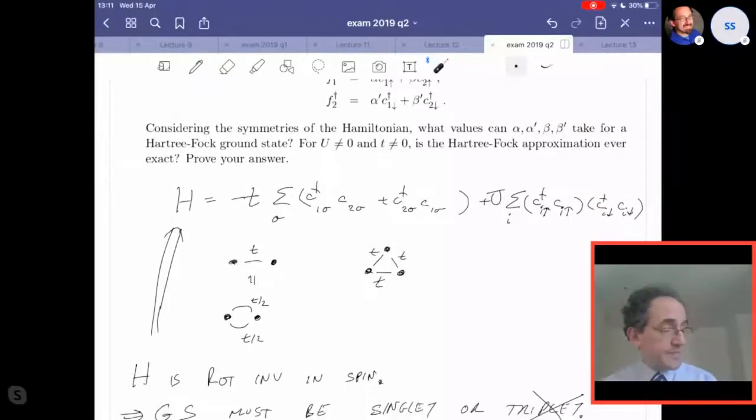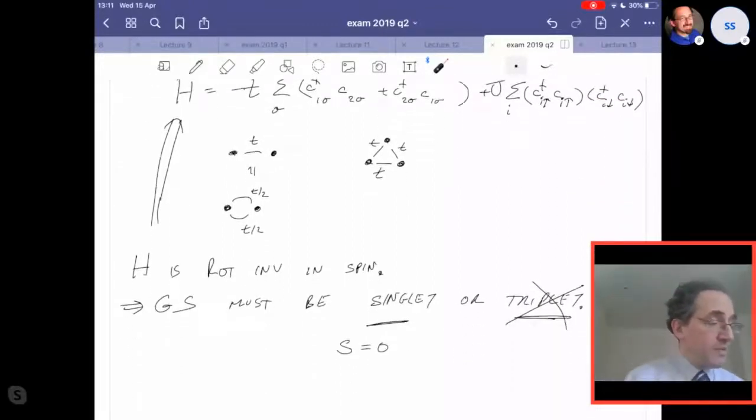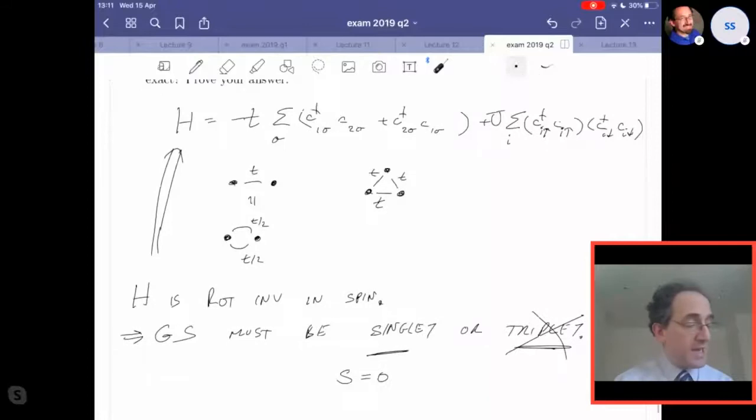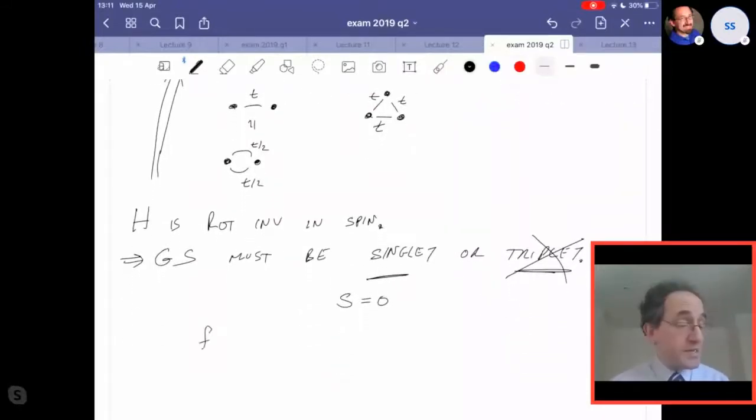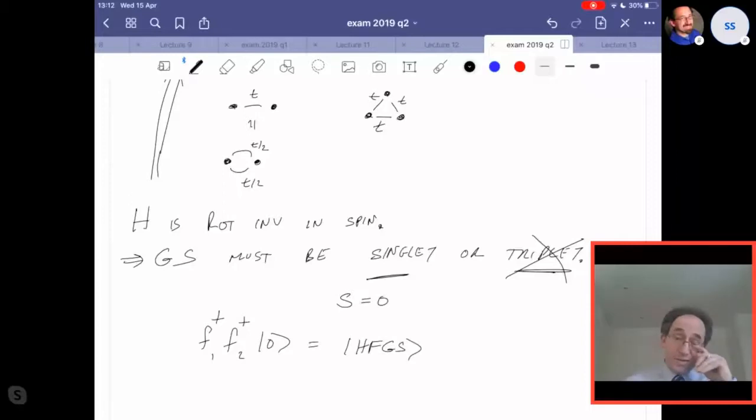Well, okay, one way of doing this is saying, let's write my Hartree-Fock ground state. I should be able to write it in terms of two creation operators. I don't know what the creation operators create, but they create two things in two orbitals.